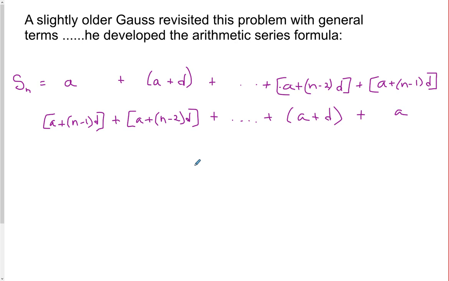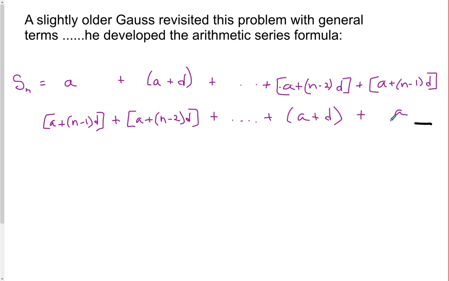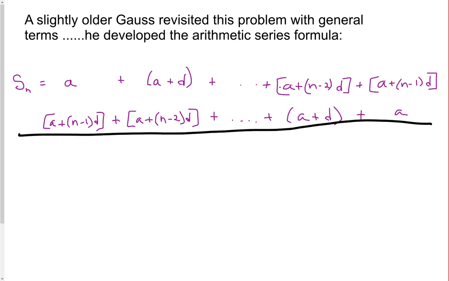So he did just like he did before. He wrote it forwards, and then he wrote it backwards. And then he said, all right, cool, I'm going to add these up. I'm going to add up each column and see what I get. So when he added up the first column, he found he had two A's, the one up here and the one right here, and then he had his n minus 1 times the common difference.